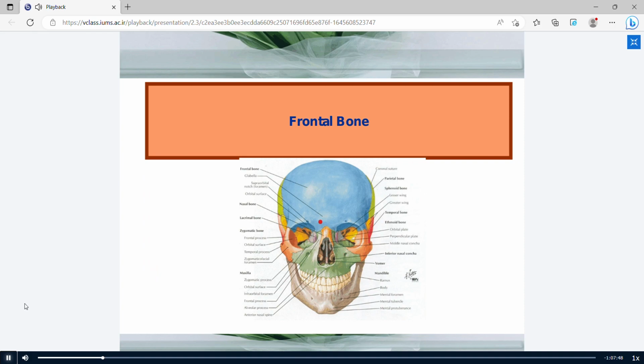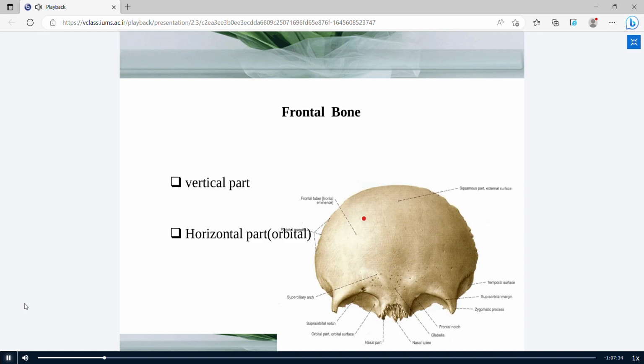At first, I explained about the frontal bone. You know, the frontal bone forms the forehead, and is the blue bone in the picture. Actually, the frontal bone consists of a vertical part and a horizontal part.